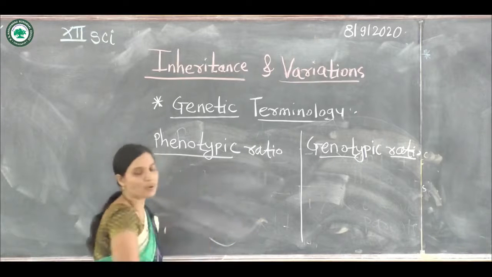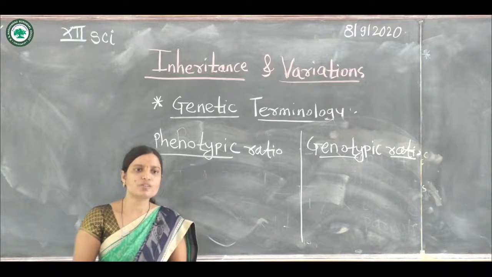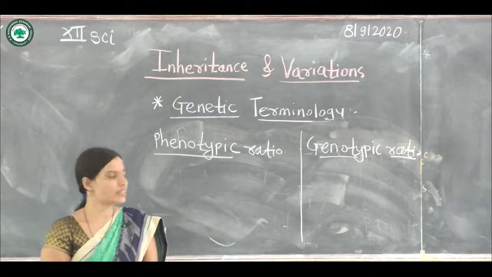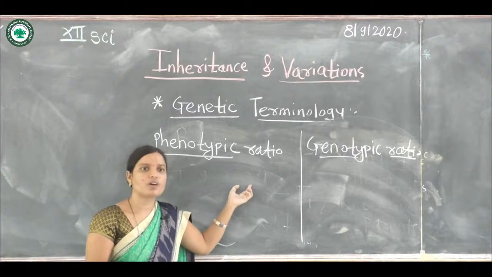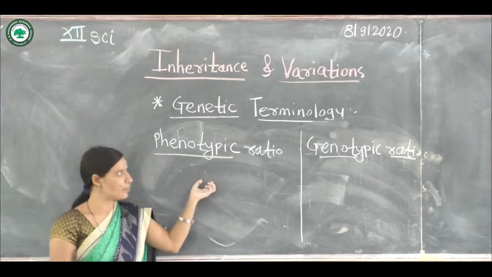For example, in a monohybrid cross, the offspring produced are 3 tall and 1 dwarf, so the ratio is 3:1. These are phenotypic ratios appearing in the F2 generation.